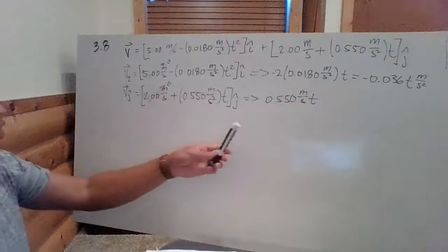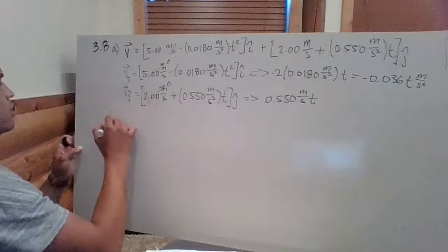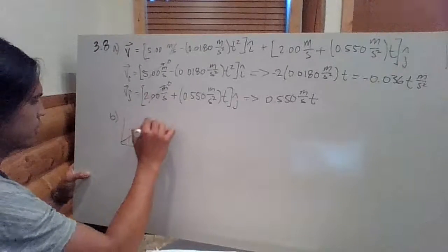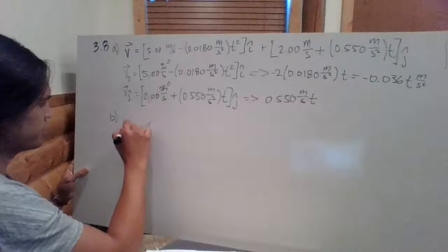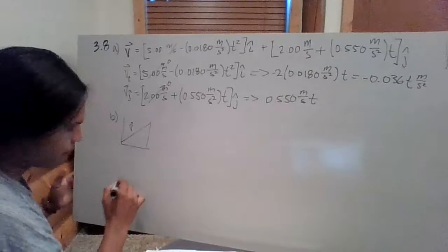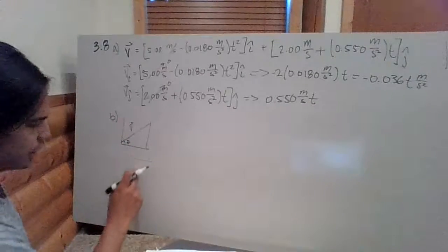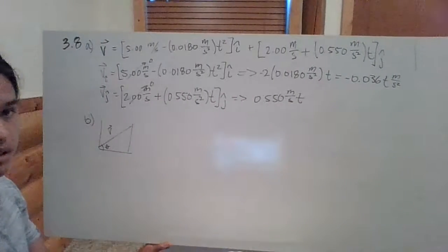So this is for part A, and this will be for part B. If we draw it out, velocity will be right here. We'll have a theta, and we have to figure out the x and the y component for 8 seconds.